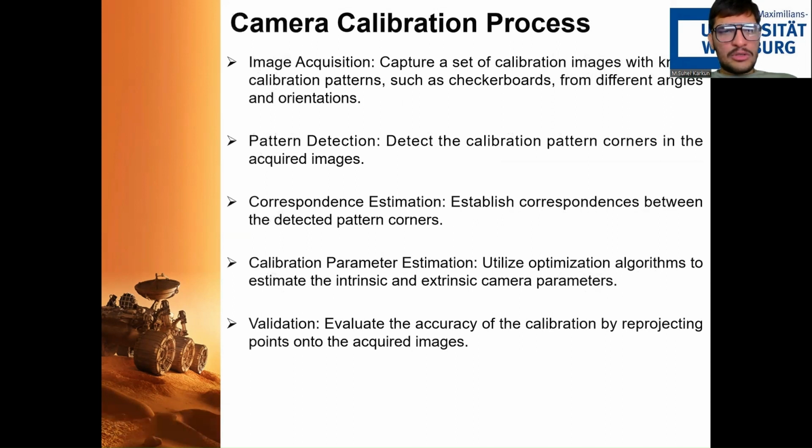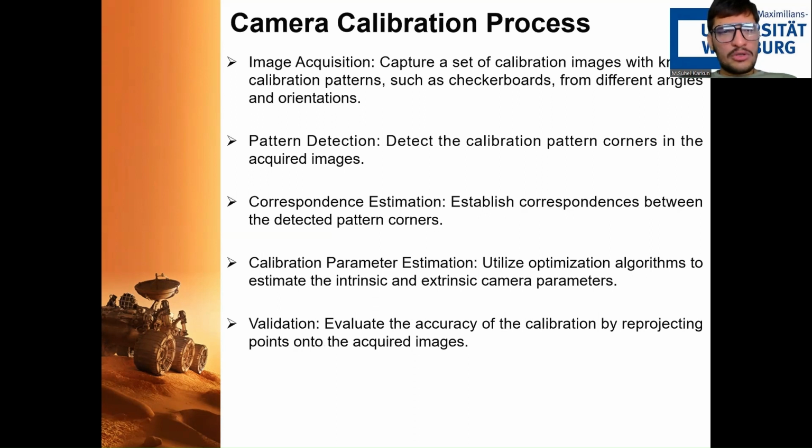Camera calibration process. The process has basically 5 steps: image acquisition, pattern detection, correspondence estimation, camera calibration parameter estimation, and at the end validation. Image acquisition captures a set of calibration images with known calibration patterns, such as checkerboards, from different angles and orientations.